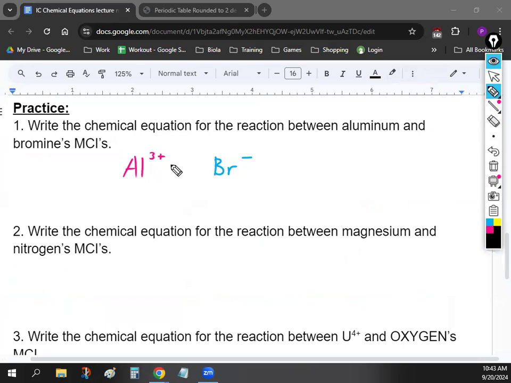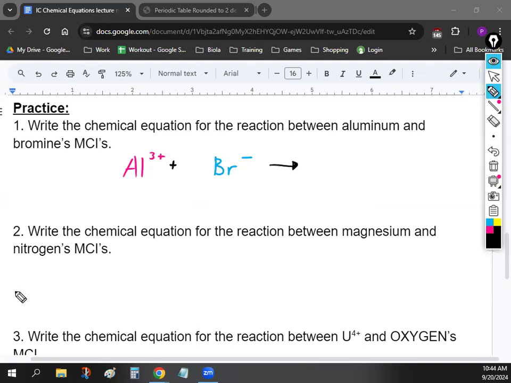All right, now we're going to be combining these together. So we're going to put a plus sign in between them and then an arrow going to the right. Okay, and all we have to do now is fill in the numbers in front of each. If you notice, here we have more positive charge, so we're going to need more bromines, right?